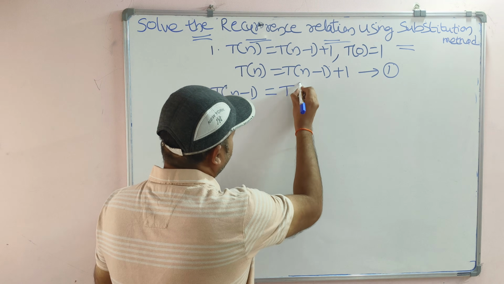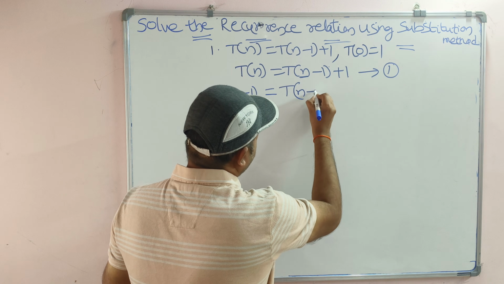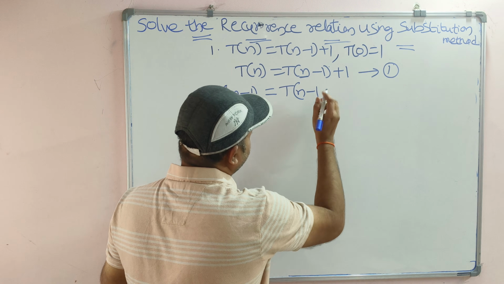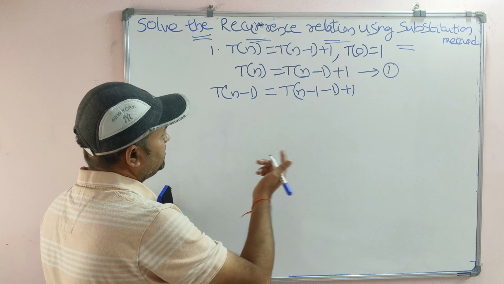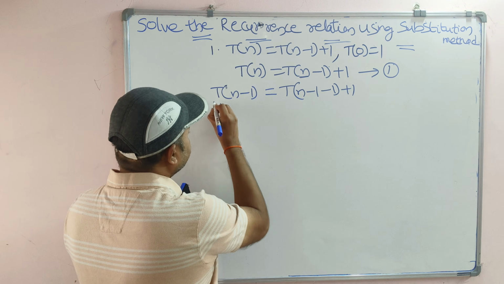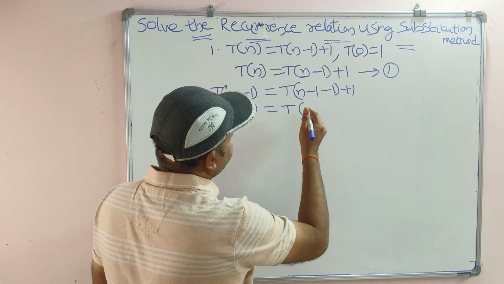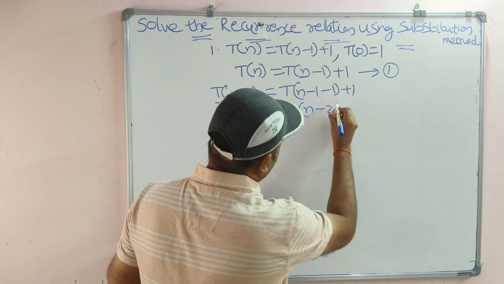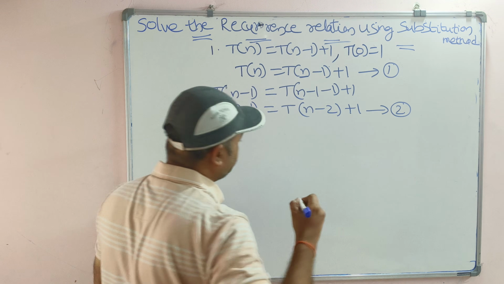So T of n minus 1 equal to T of n minus 1 minus 1 plus 1, which we can write as T of n minus 2 plus 1. Let us assume that this is equation number 2.